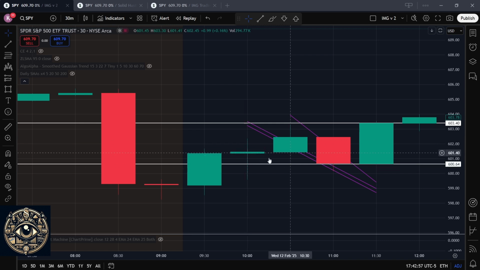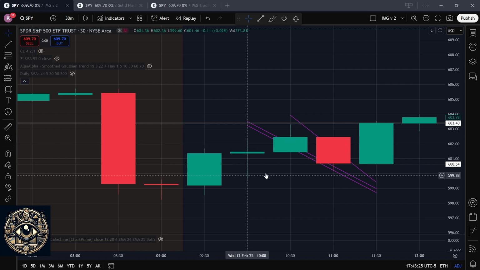But this candle is very telling, because not only did the price go all the way down to about 599.54, it also went all the way up to 602.34. So in this 30 minutes, all that price action happened. It just so happened to open here and close here.